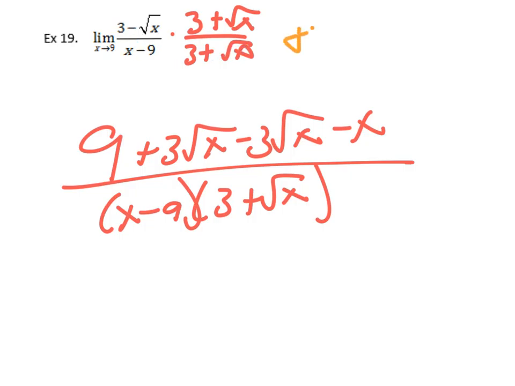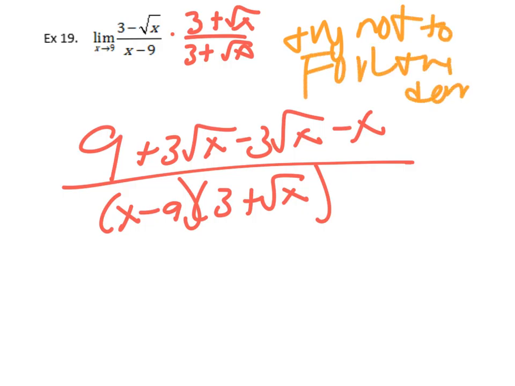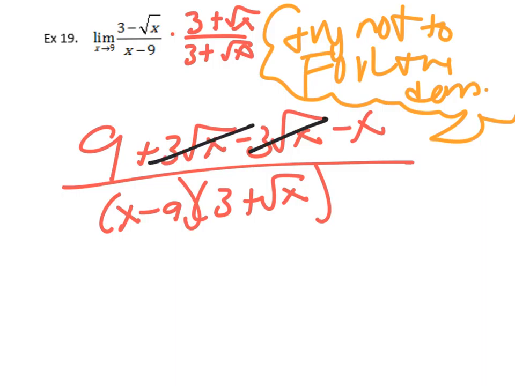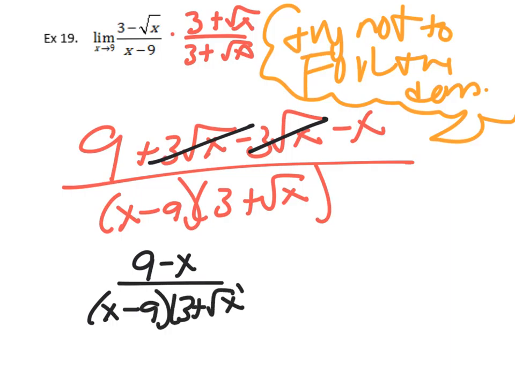So try not to FOIL the denominator, because it will be easier for you to factor things out. These cancel, and I'm left with 9 minus x over x minus 9, 3 plus square root of x. Now these two are almost the same.